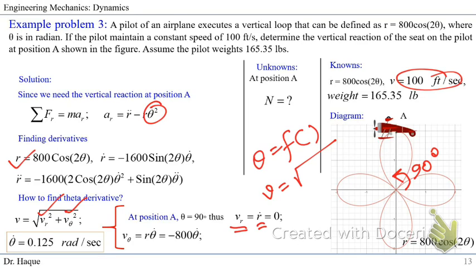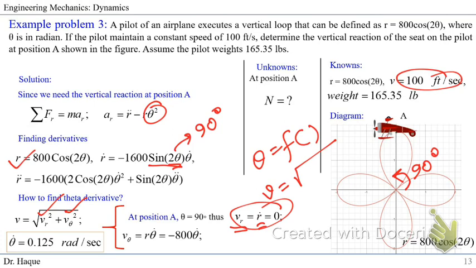So if we put theta equals 90 degrees here, that becomes 180 degrees. So sine 180 degrees is 0, so V_r is 0. And V theta, we know it's r theta dot. This is how we get V theta.